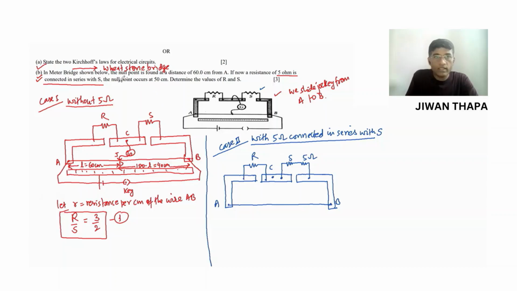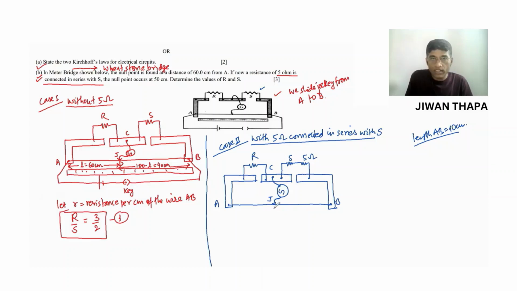Now what we find, on connecting 5 ohm in series with S, the null point occurs at 50 centimeter. So we find the total length is 100 centimeter, okay. Length AB equals 100 centimeter. So we get the null point exactly midway of AB. So this is the jockey, okay.